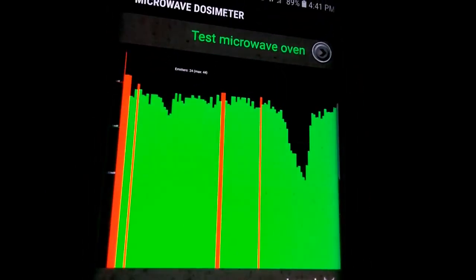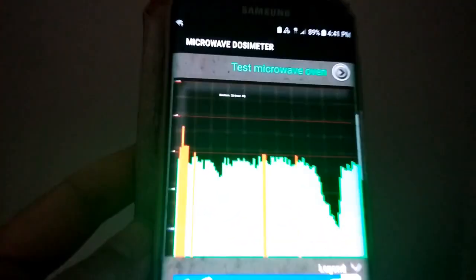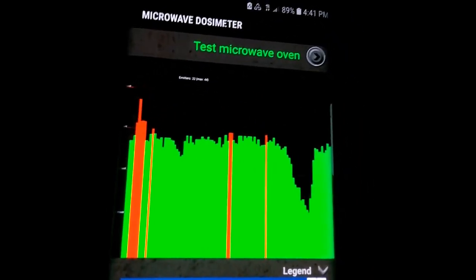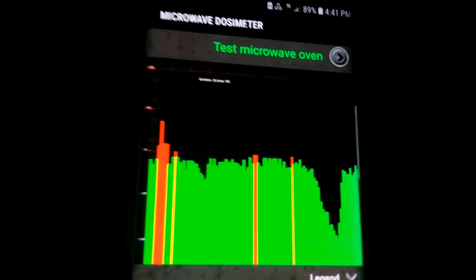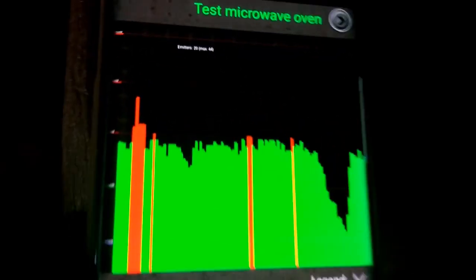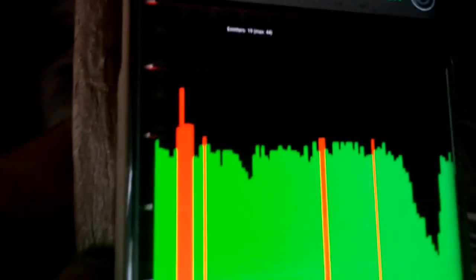Okay, so now here we are, right on the other side of this wall is where the so-called smart meter is, and now you'll see there's a spike there in the reading.